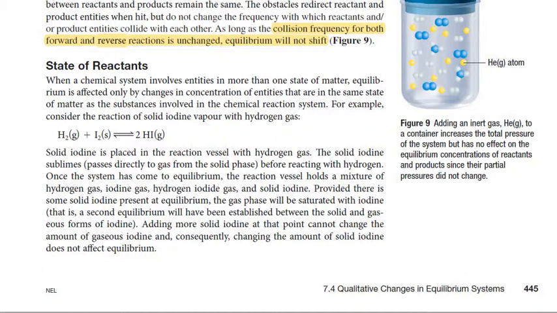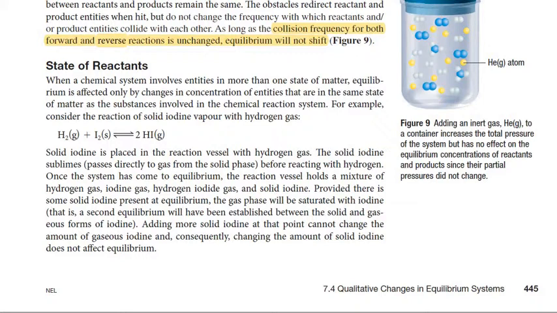Once the system has come to equilibrium, the reaction vessel holds a mixture of hydrogen gas, hydrogen iodide gas, and solid iodine, provided there is some solid iodine present at equilibrium, and the gas phase will be saturated with iodine. That is, a second equilibrium will have been established between solid and gaseous forms of iodine.